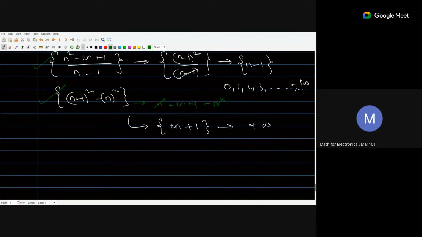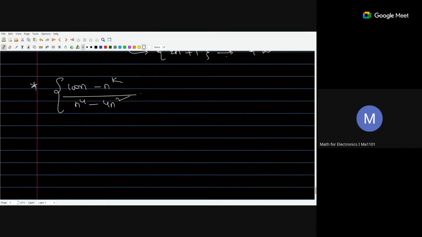And question number 4, I'll just comment on question number 4, and then we can end this session. Determine the range of values for k for which the sequence, 100n minus n power k divided by n power 4 minus 4n square, should diverge to minus infinite.